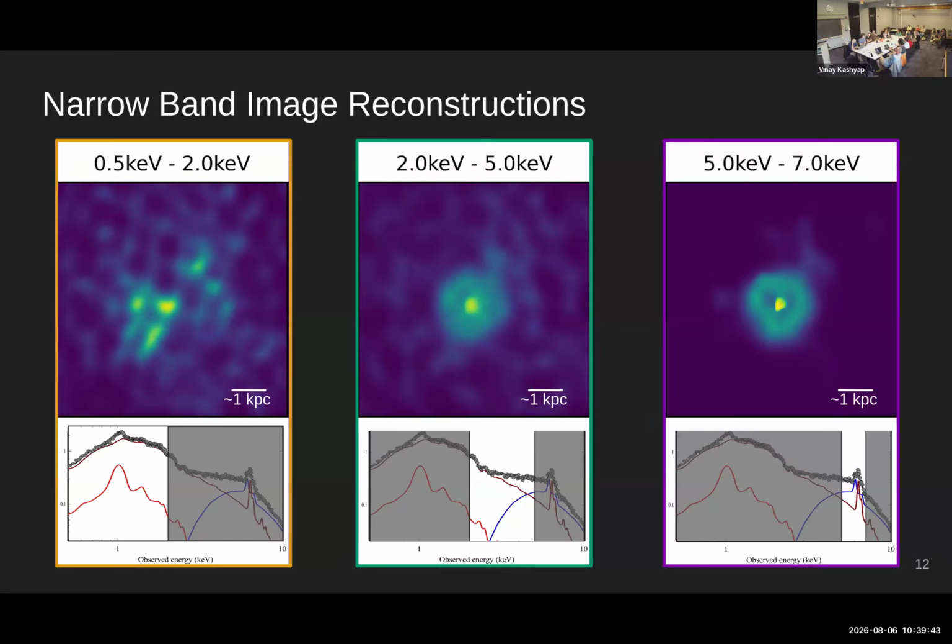But if we, for example, try to jointly model the soft and the middle energies, you'd end up with a blend of the two, which you can do. I've done the whole band, right? The whole response from Chandra, roughly half a kiloelectron volt to 7 kiloelectron volts. But you end up with the composition of all three of these images.